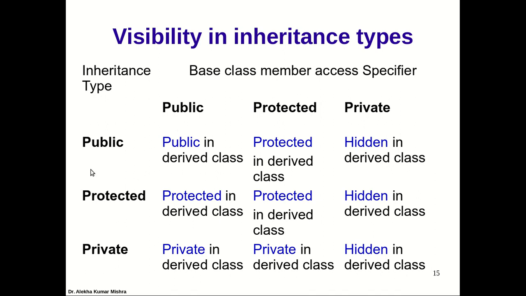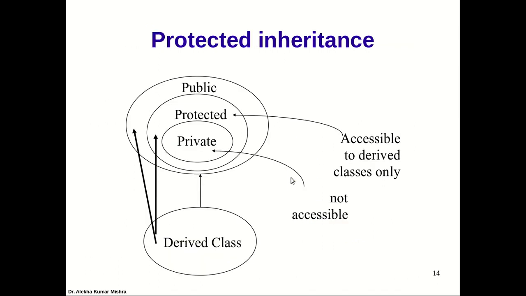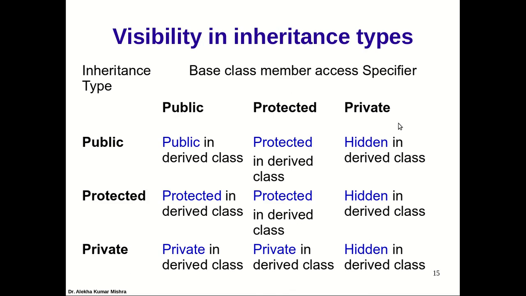When you are using public inheritance, all public data members are going to be public in the derived class. All protected members are going to be protected in the derived class, and all private members will be inherited but will be hidden.